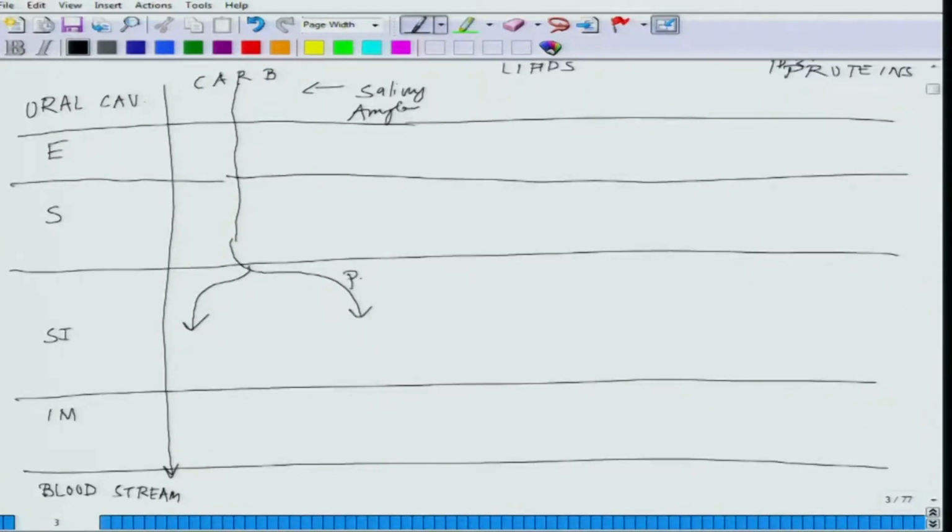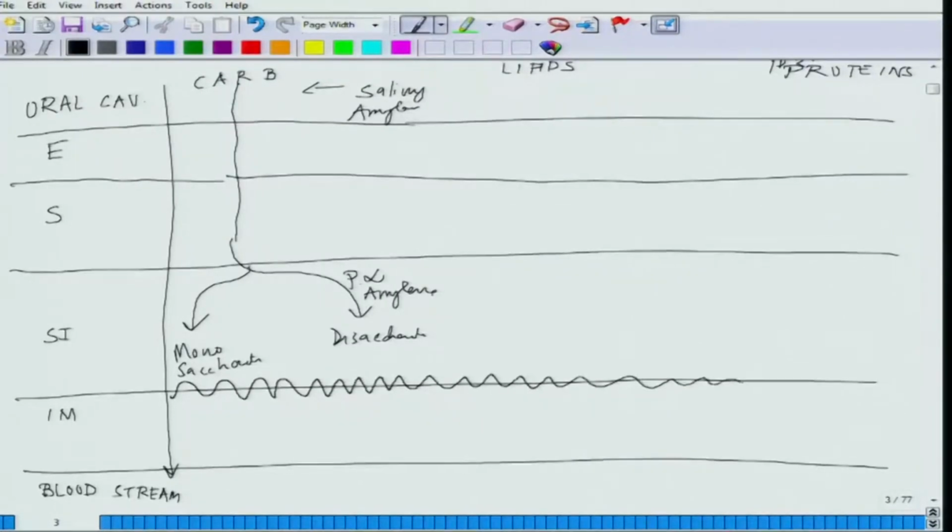So here you have the pancreatic amylase which comes into play, pancreatic alpha amylase, and this pancreatic alpha amylase breaks it down into disaccharides and monosaccharides, and from here these are absorbed by the intestinal mucosa. So these are the intestinal mucosa where it is getting absorbed.